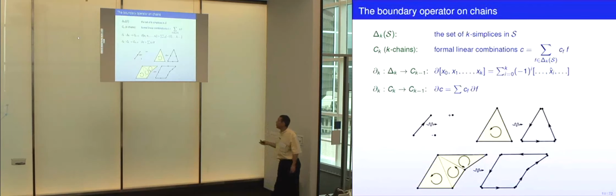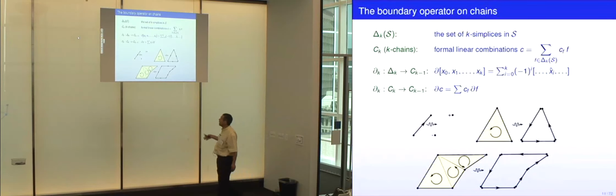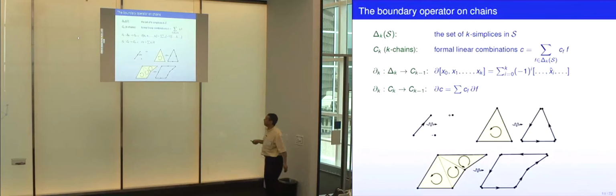So it's a vector space in which you've taken the simplices as a basis, and you've made a vector space by taking formal linear combinations. Then we can define the boundary, and the boundary of a k-dimensional simplex is a k-1 dimensional chain. And here's the formula. The boundary of the simplex spanned by x0 through xk is the sum of the simplices where you leave out one of the guys. So you get a simplex on the boundary, and you put on signs in this way.